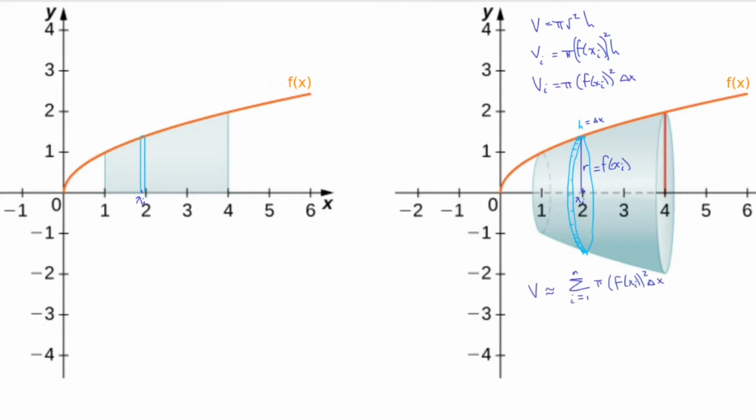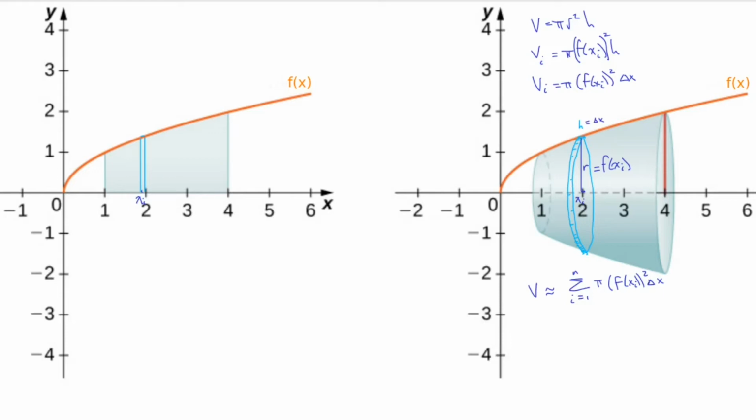And if we now imagine breaking the original area into n thin rectangles, and then adding up the volumes of the n thin cylinders that we get, we get an approximation of the volume, which is the sum of the volumes of those n thin cylinders. So this is all this sigma notation or summation notation means.